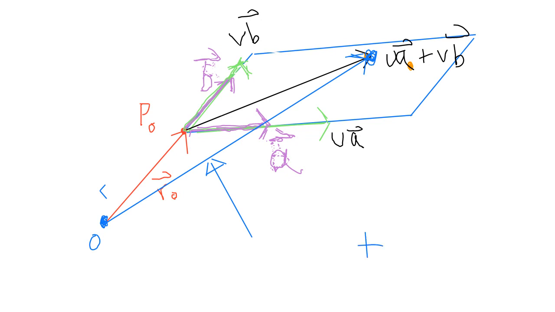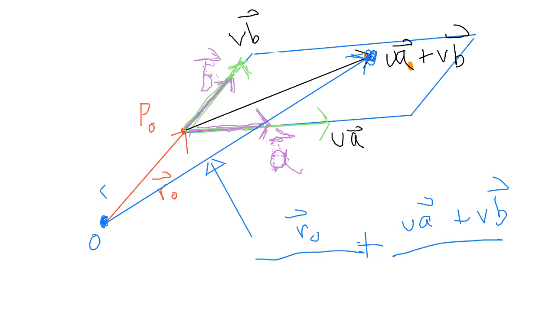That's the sum of two vectors. What are the two vectors? That's right. Good, Ellie. R sub 0 plus u times A plus v times B.